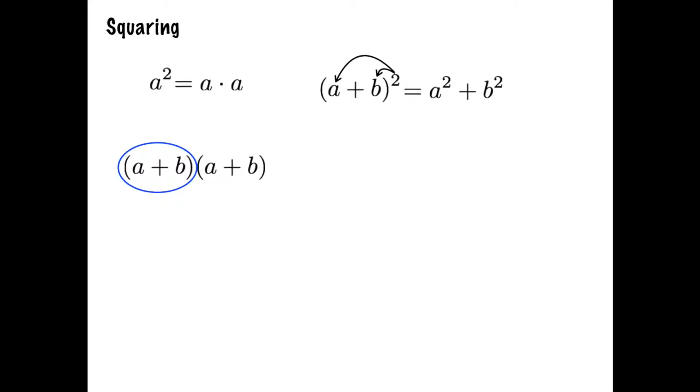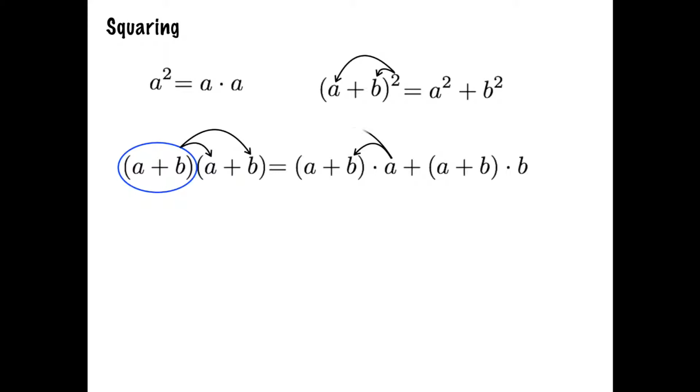So we're going to multiply the a plus b times a and then times b. This is a little different than what we did up above, but let's just keep following this. So we have a plus b, that blue circle, times the first term, plus a plus b, that blue circle, times the second term. Now let's distribute again.